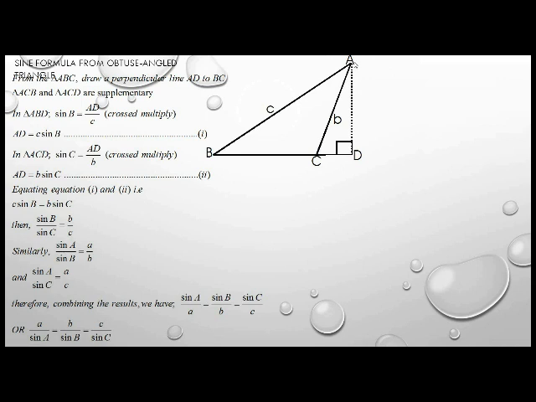If you look at the triangle ACD, we have an angle, opposite over the hypotenuse. And what is the hypotenuse?